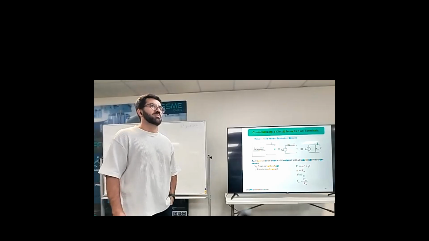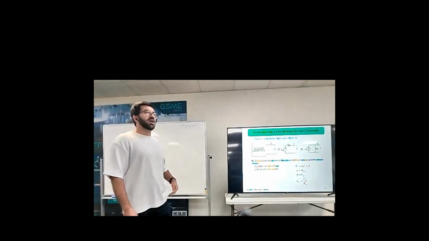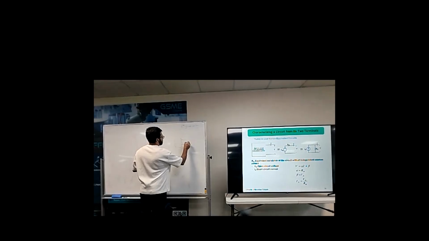What should we do? Exactly. We should apply one V-test and find I-test. That means the equivalent resistor we are looking from this port is proportion of VT over IT. Okay, that's general method.